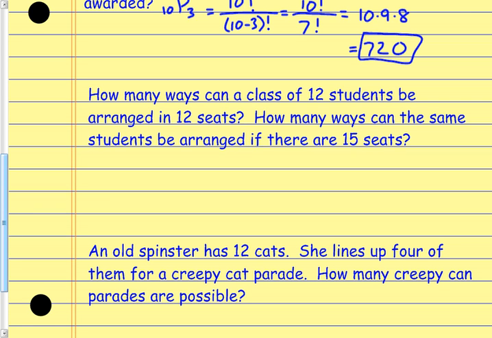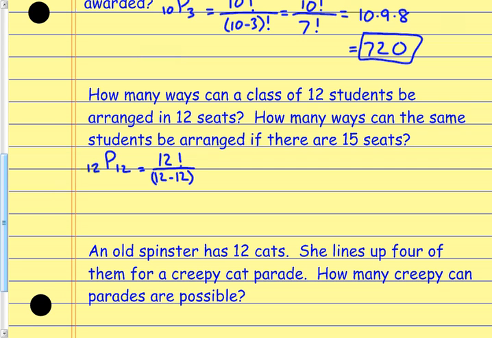If I look at something like this, how many ways can a class of 12 students be arranged in 12 seats? So that would be 12 total students, or 12 total seats, and I'm placing 12 students in each of them. The word arranged tells me that order matters here. I'm arranging the students in a specific order. That's going to be 12 factorial over 12 minus 12 factorial.